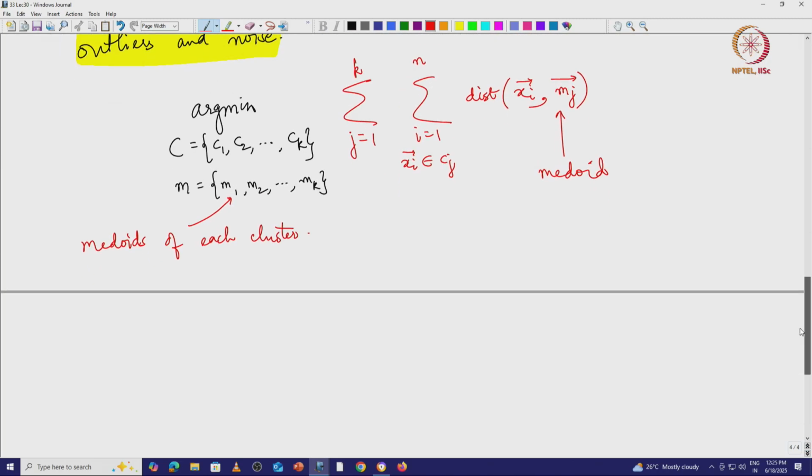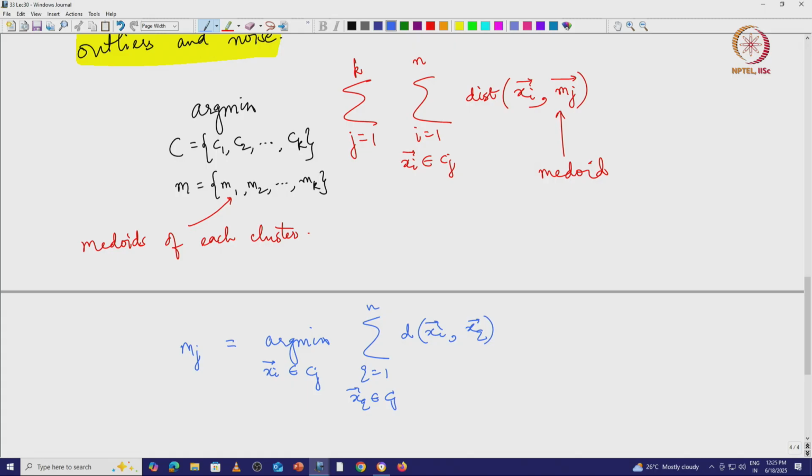Let's do that next. So Mj can be written as argmin over xi belonging to Cj of the sum over q equals 1 to n, xq belonging to Cj, of the distance between xi and xq. Okay.